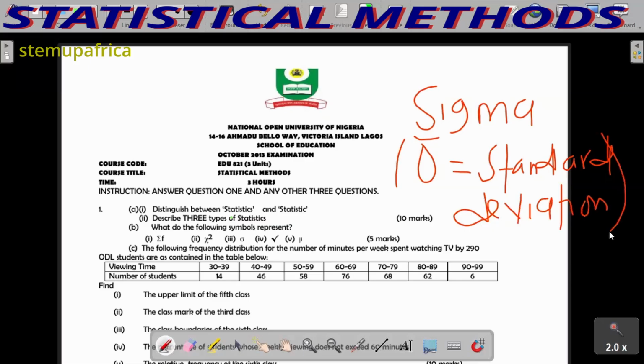It's called standard deviation, but the name is called sigma. That's the name, but the symbol itself represents standard deviation. The Roman figure 4, like I said, if you have a note, you can just jot them down in case you meet them on Saturday.